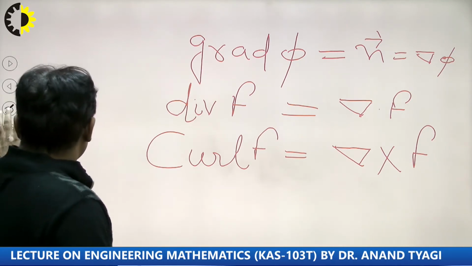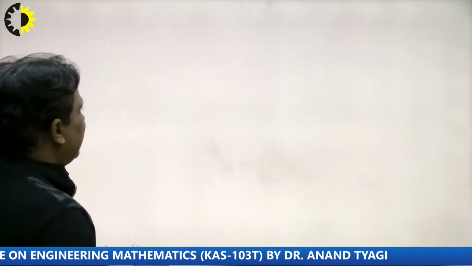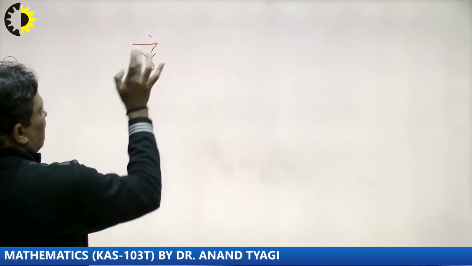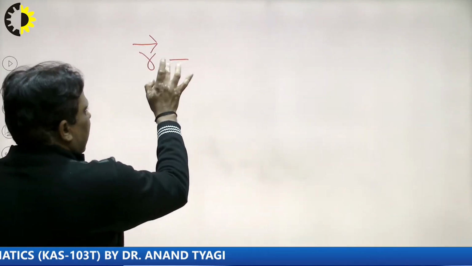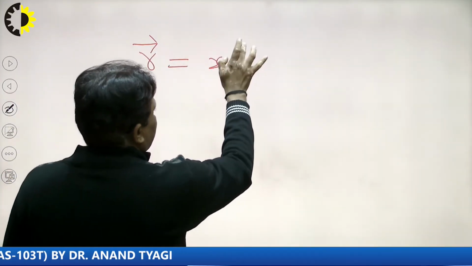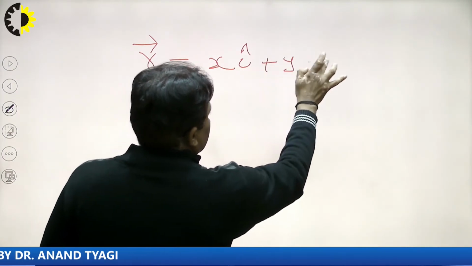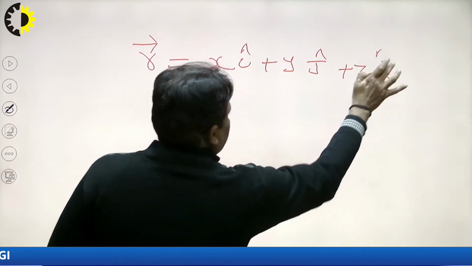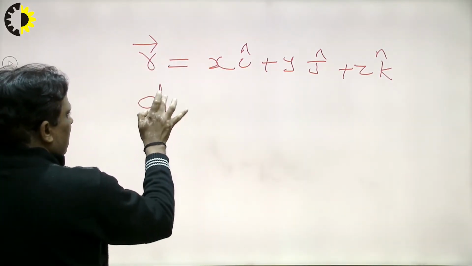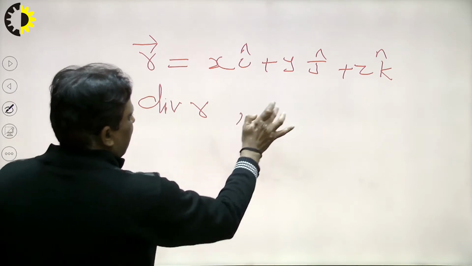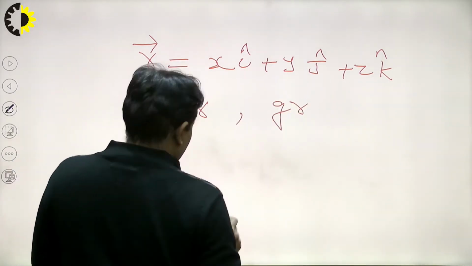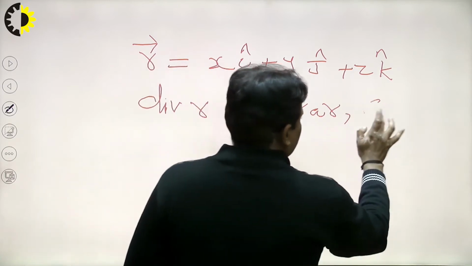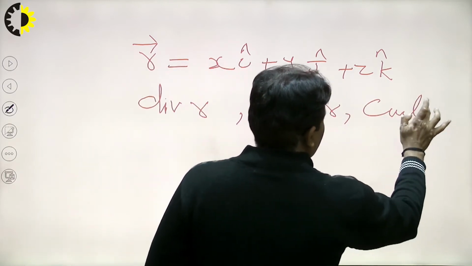Now suppose I consider a numerical here. If r is a vector equal to xi plus yj plus zk cap, calculate divergence r, grad r, and curl r.